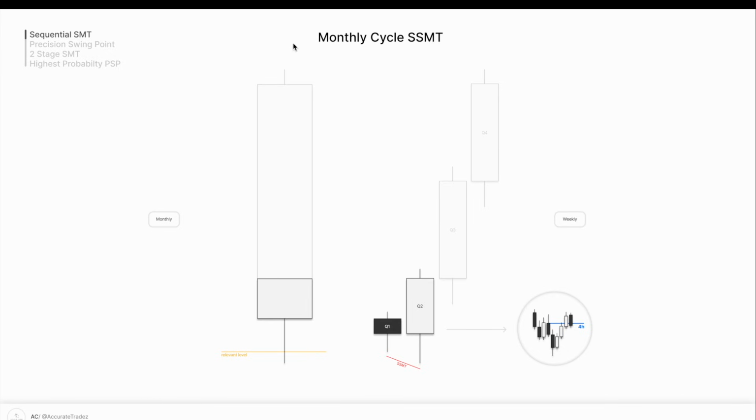First of all, let's go through what sequential SMT actually is, and it's just a filter for high probability SMTs, and it's based on time, right?